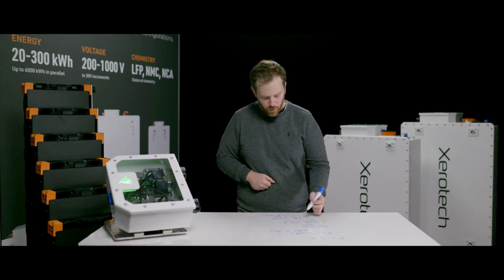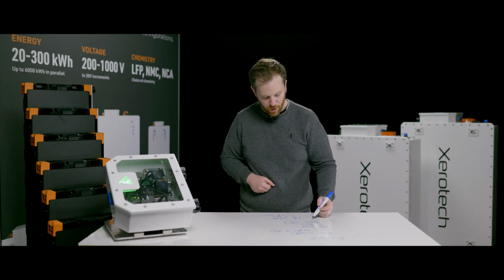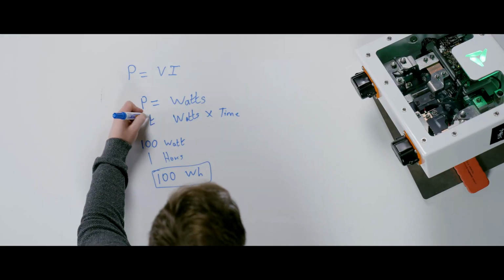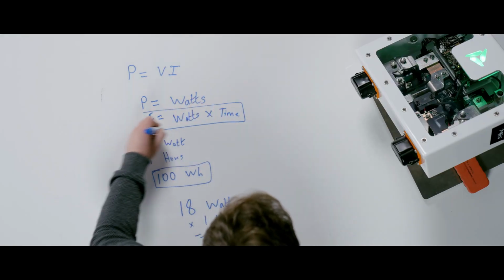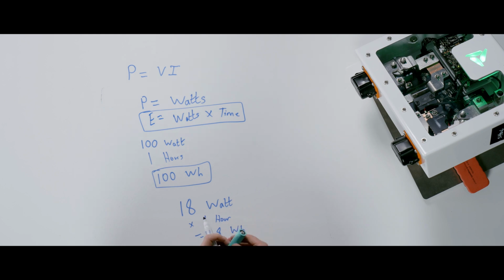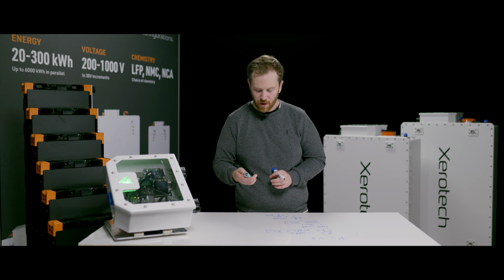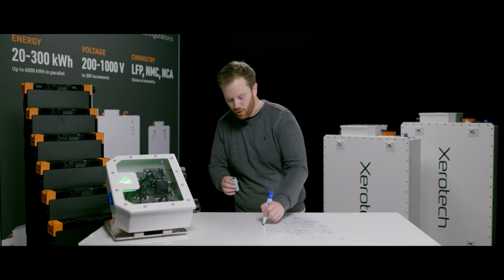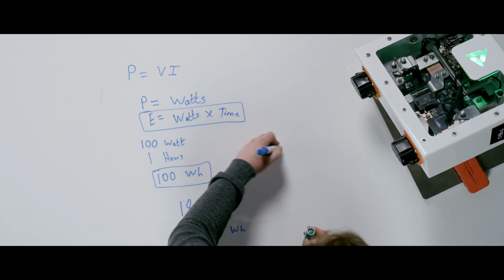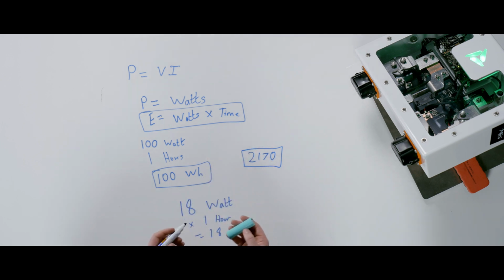Now that we understand what power is and what energy is, with the unit of energy being watts by time, let's start talking about batteries. A battery cell stores energy. A typical 2170 battery cell that most people on the market would use today has a certain amount of capacity in it. We'll come back to what this means in terms of amp hours.